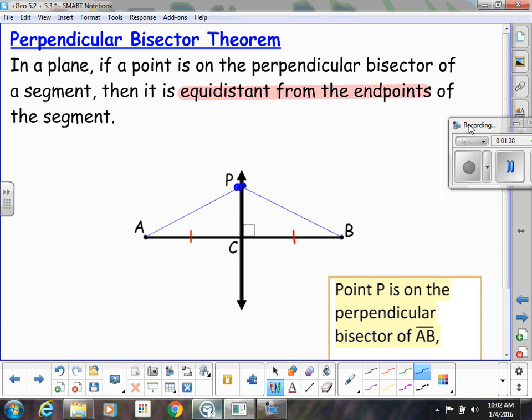That point is P. My perpendicular bisector is the line PC. And what we're saying is that point P is equidistant from the endpoints of the segment. The endpoints are A and B. So AP is going to be the same distance as PB. That's what that is saying.